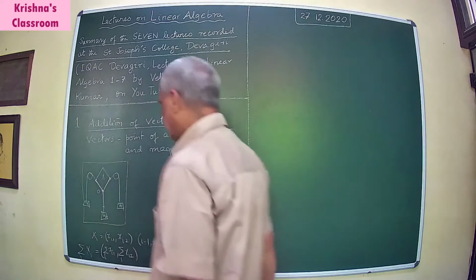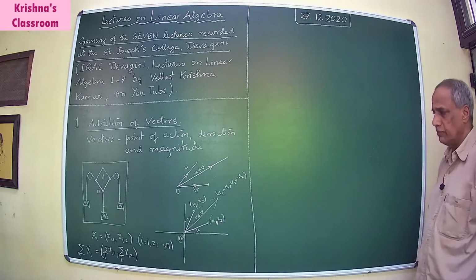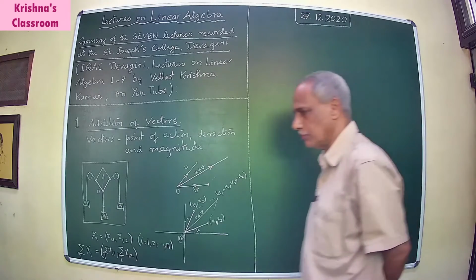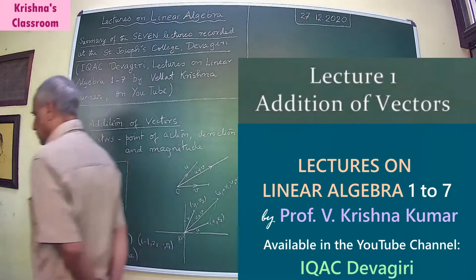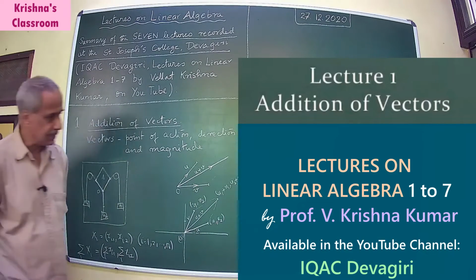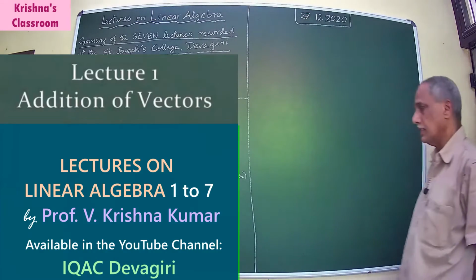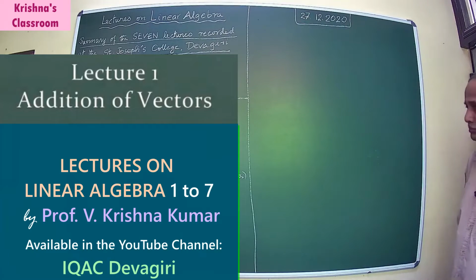So these are the coordinates of the resultant. It's now very simple, very much like addition of numbers. So the problem has been simplified by constructing what is called the algebraic model of the problem.